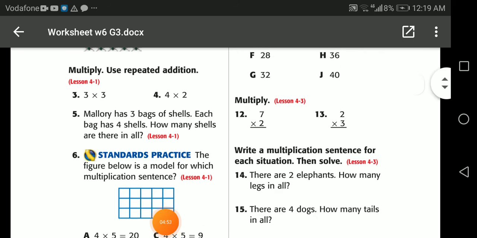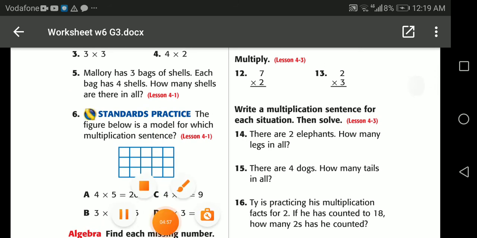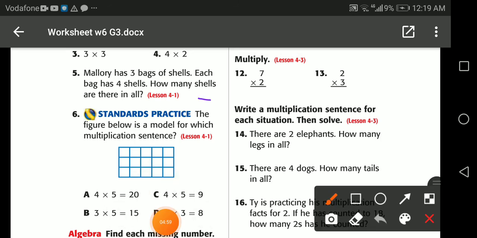Okay, what about this one? I have here: the figure below is a model for which multiplication sentence? What do you think? I have here 1, 2, 3, and on the other side 1, 2, 3, 4, 5.